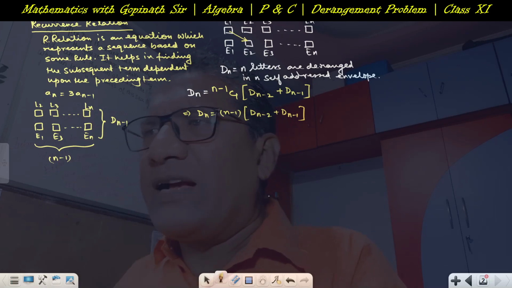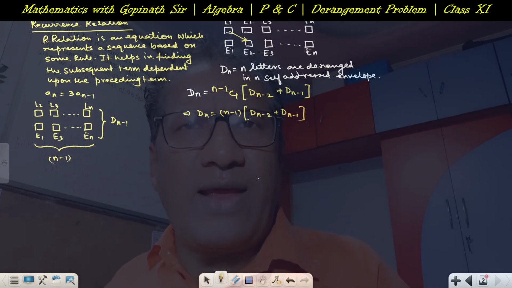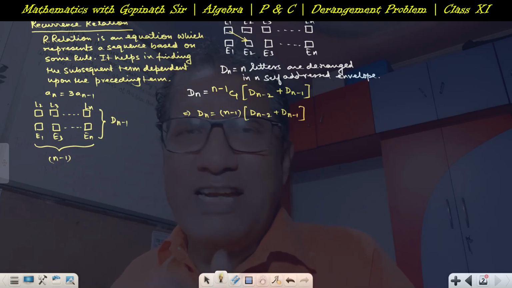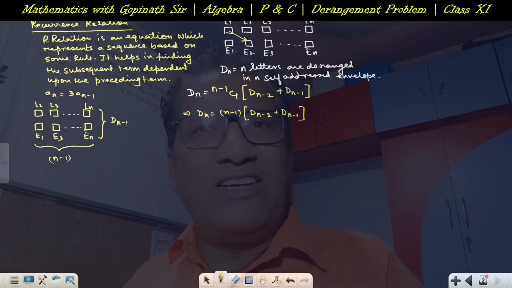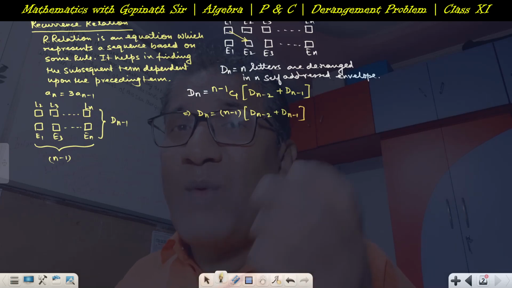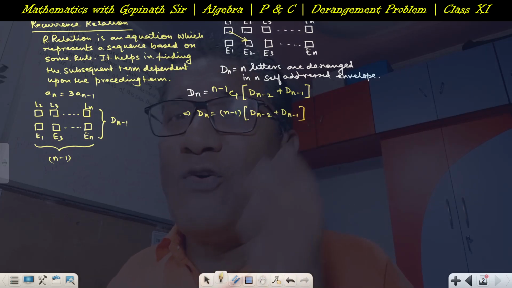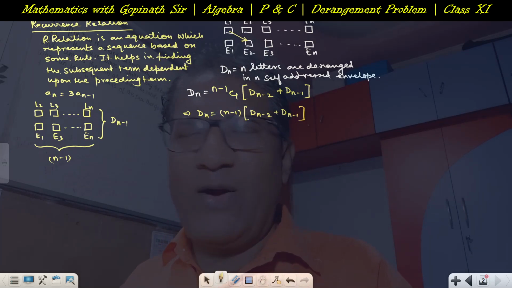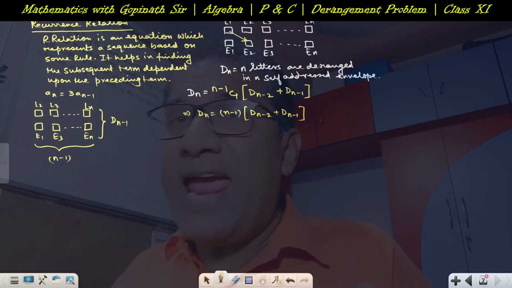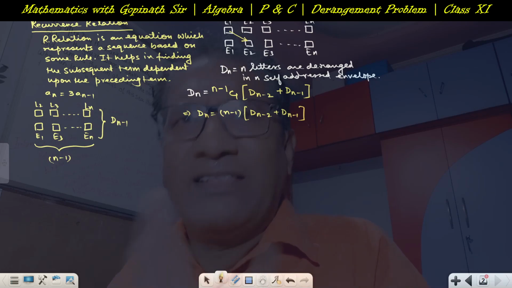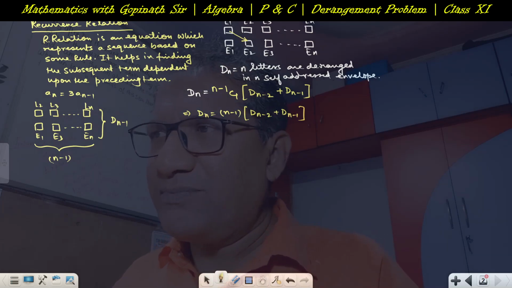That is the recurrence relation for the derangement. Isn't it a very fantastic way of solving the derangement problem? That is why recurrence relation is so popular. You see how, in a shorter way, we have done this problem, isn't it?